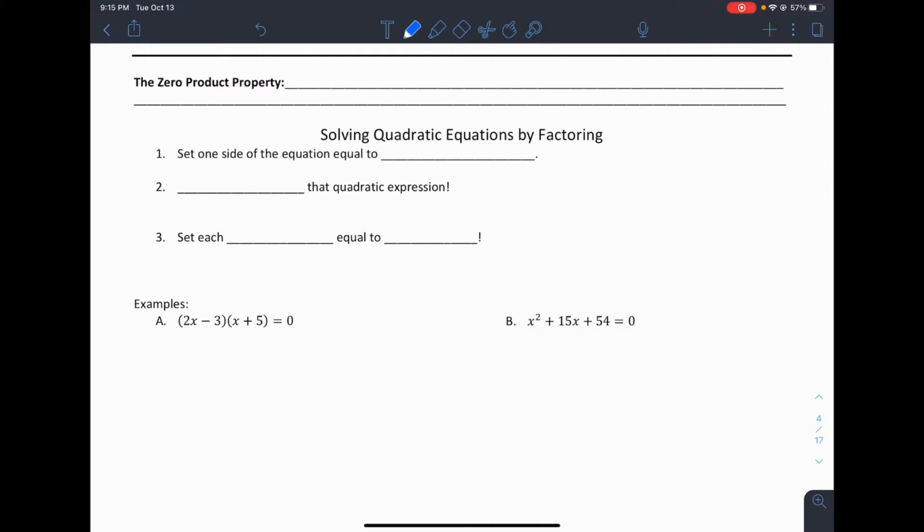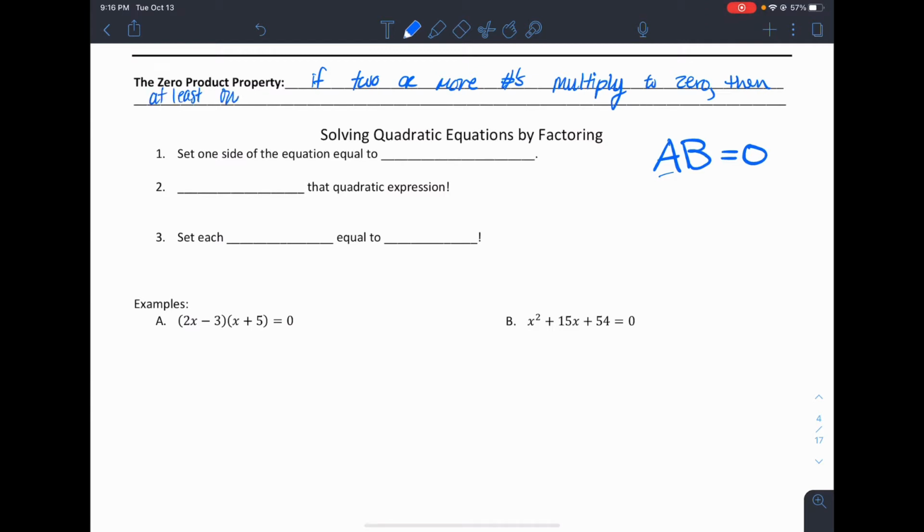And what it says is if I have two numbers, A and B, and their product is 0, then either A or B, so if two or more numbers multiply to 0, then at least one of them is equal to 0.